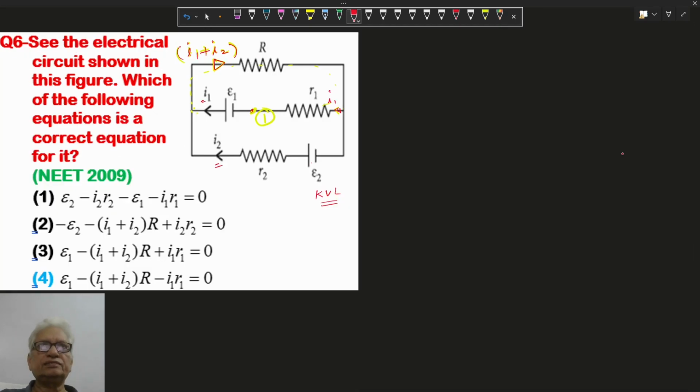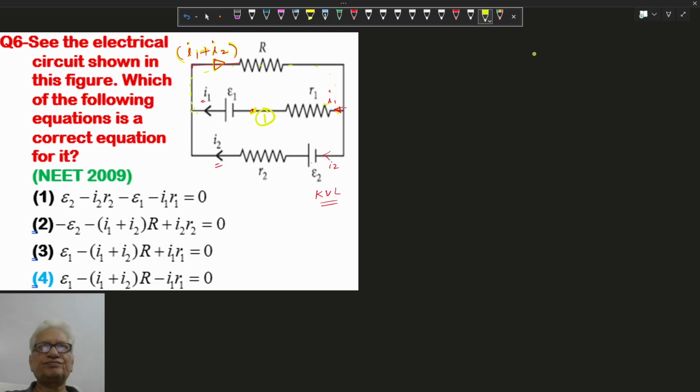In this question, the two cells are connected like this and both are connected across the external wire. In the first cell, the incoming current is I1, and here it is I2. The external resistance carries I1 plus I2 by the current law. So in this circuit, we have to write the equation.